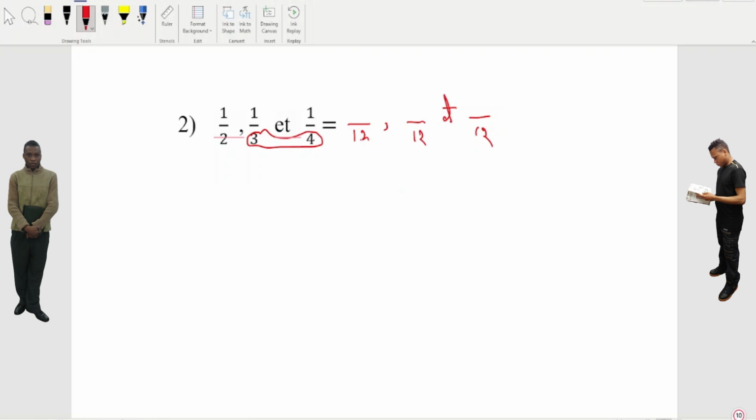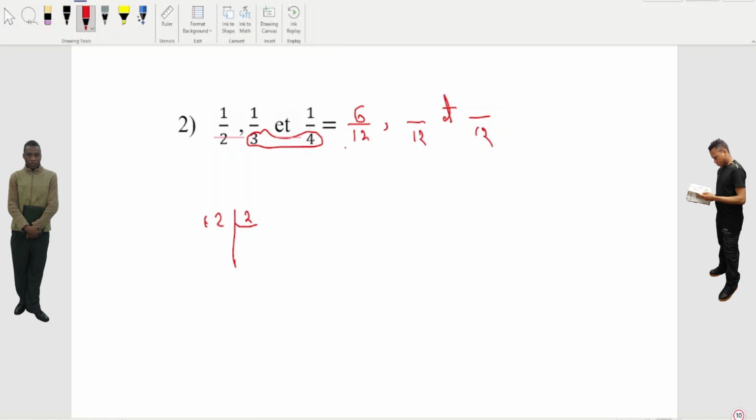Now, 12 divided by 2 equals 6. Now, when we got that 6 times this 1 equals 6. Okay? What I have done is I start with this one first, 12, and then divide by 2.